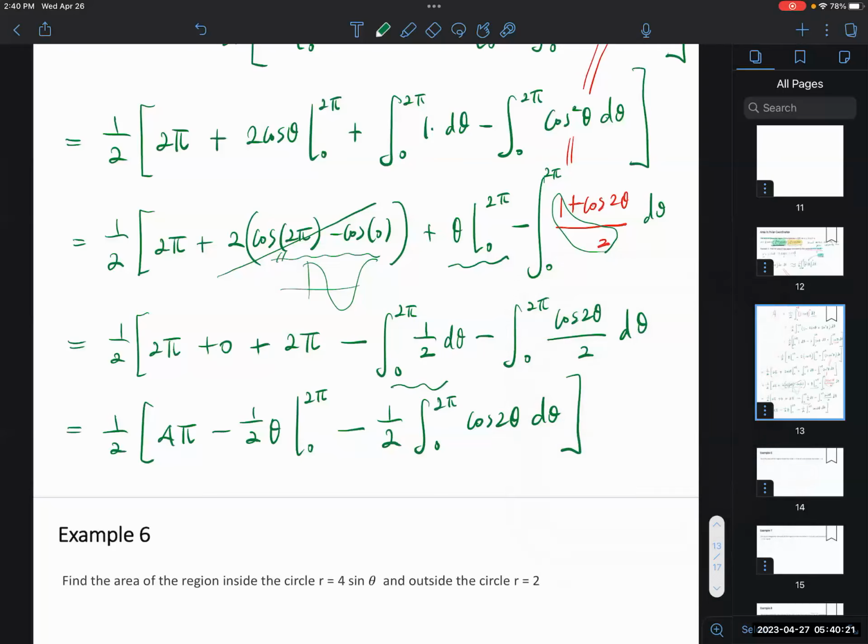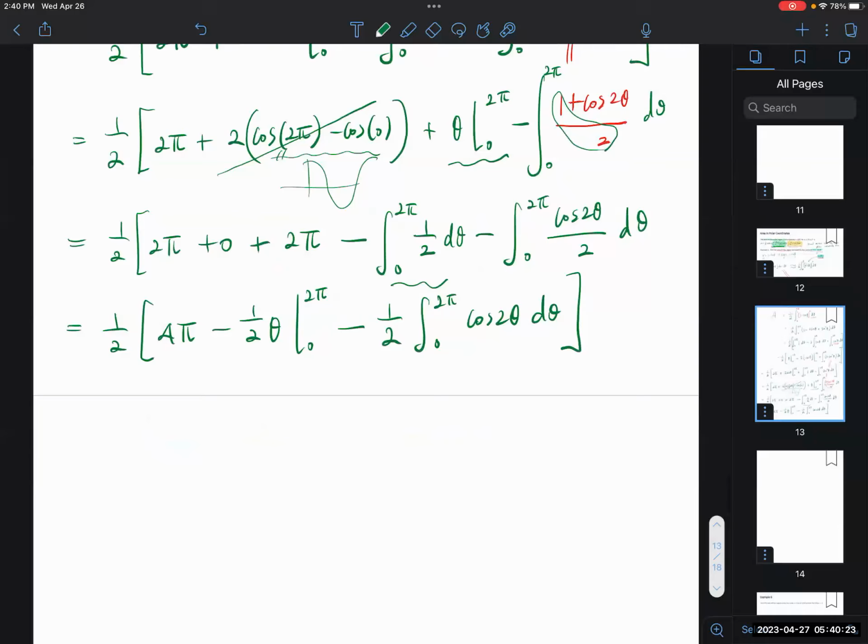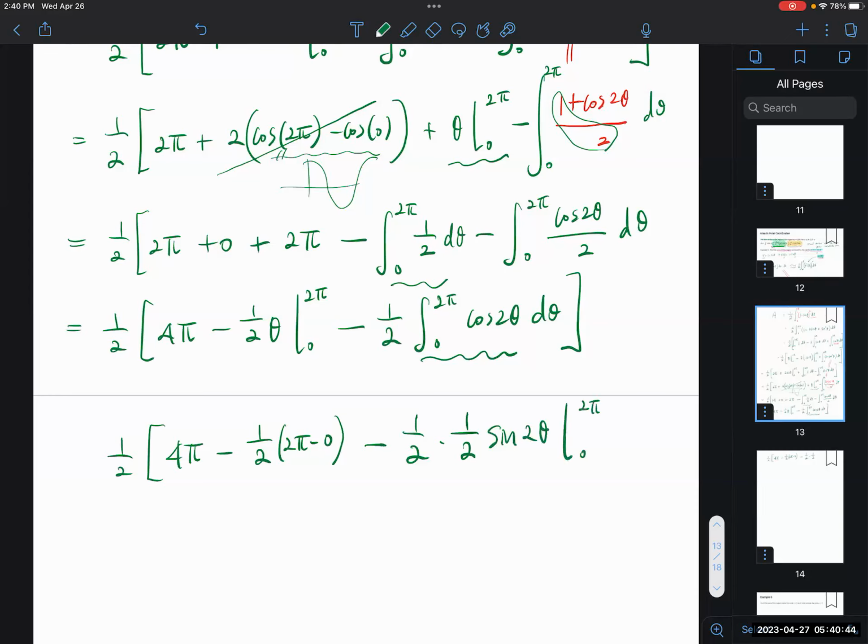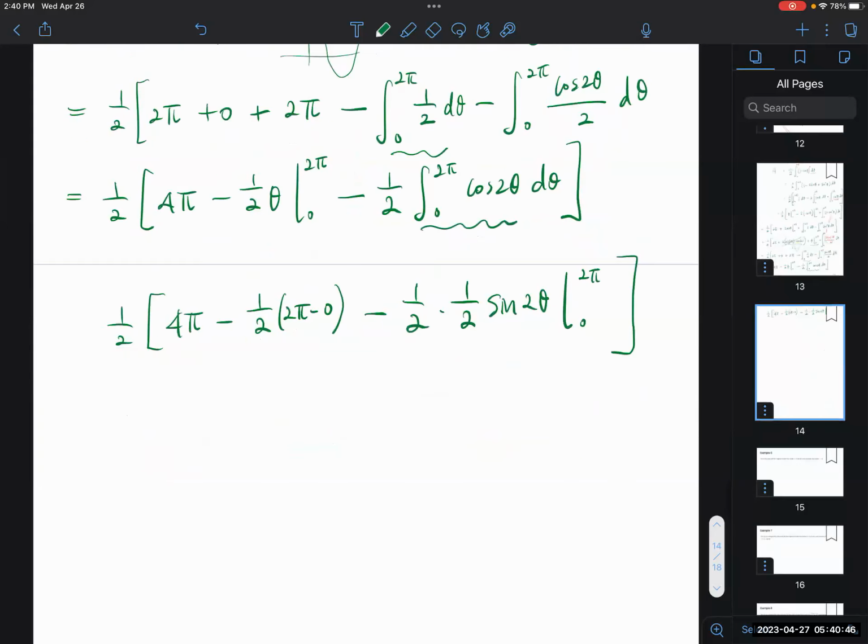Almost done. 1 over 2, 4 pi, and then this is 1 over 2, 2 pi minus 0. And then we have a 1 over 2 cosine. When you take the integral, it's a sine, and you keep the 2 theta from 0 to pi.